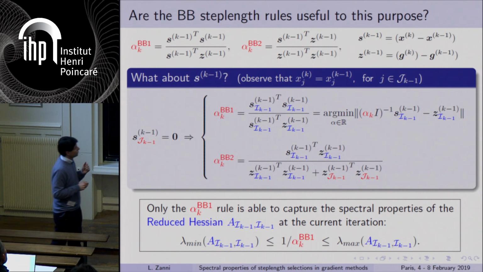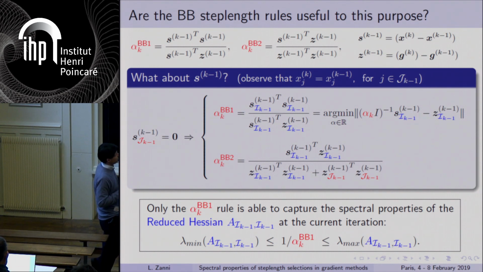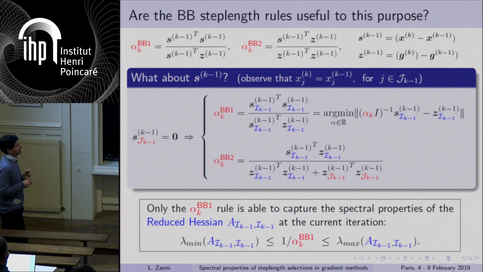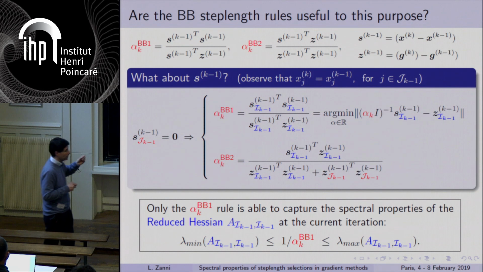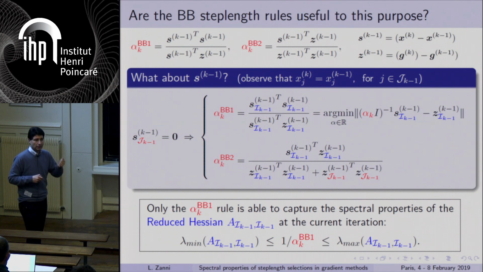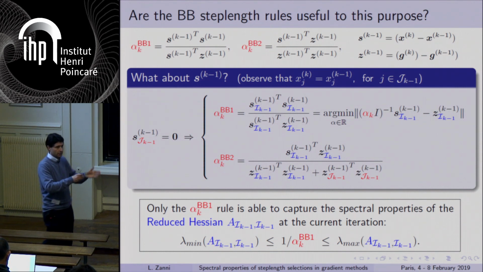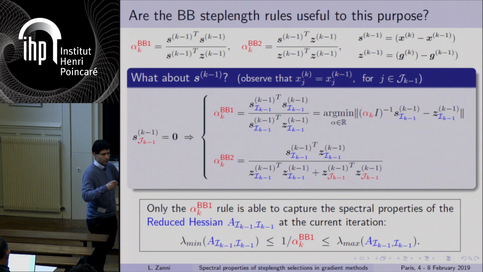This conclusion is not true for the second rule, since the second rule includes also a term that depends on the active variables. And due to this term, it is impossible to prove for the second rule the spectral property that I recalled for the first rule. Okay? Then there is a difference in the behavior of the first and the second rule when you use this steplength rule in the constrained case.